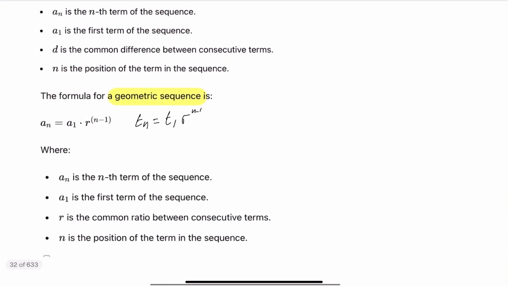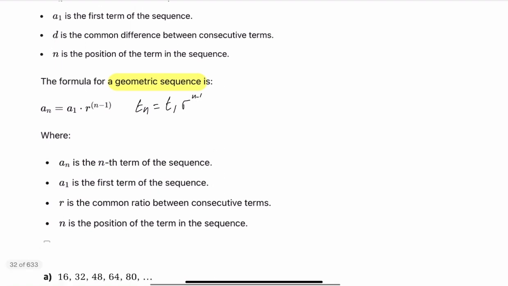For the geometric sequence, the formula is the last term is equal to the first term times the common ratio between consecutive terms, which is R, to the power of n, which is the position or the number of terms, minus 1. Perfect. But you can see it is a multiplication. There is no addition here. So let's see some examples.